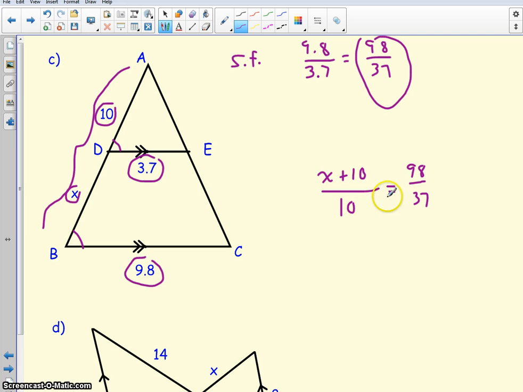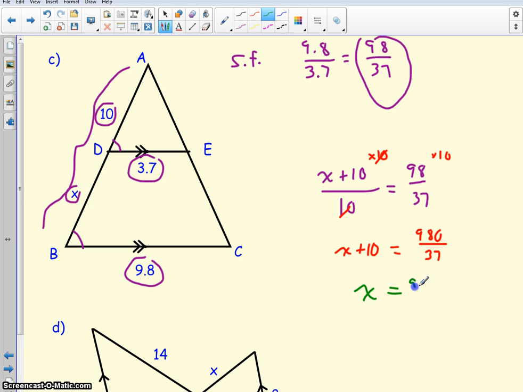So what this means now to solve, it looks a little bit trickier, but again, it's not too bad. Let's get rid of that denominator first, multiply both sides of the equation by 10. So that's going to leave me with x plus 10 over here, as these 10s are going to cancel. And 10 times 98 over 37 multiplies the numerator, so you get 980 over 37. Okay, at this point now, all you need to do is to subtract 10 from both sides.